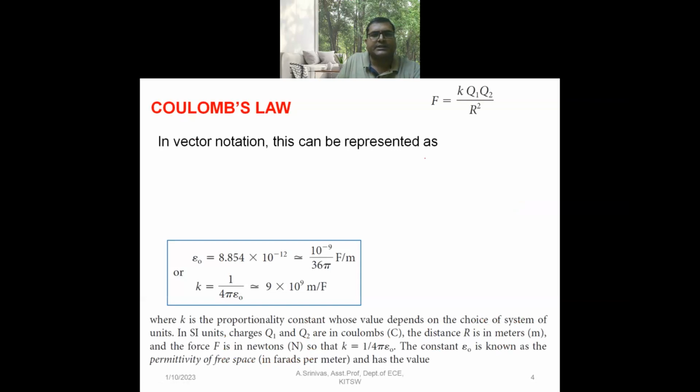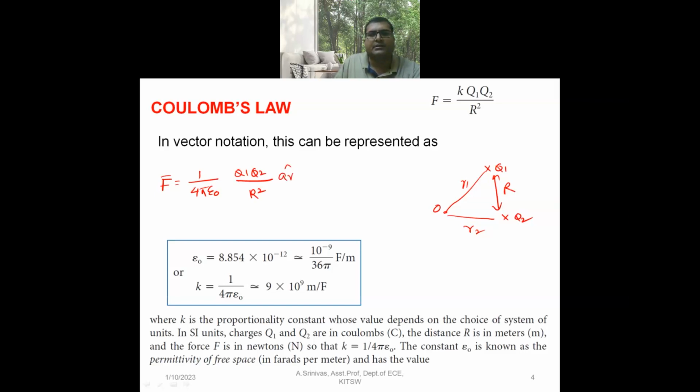In vector notation, Coulomb's law can be represented as F is equal to 1 by 4 pi epsilon naught Q1 Q2 by R square AR cap.